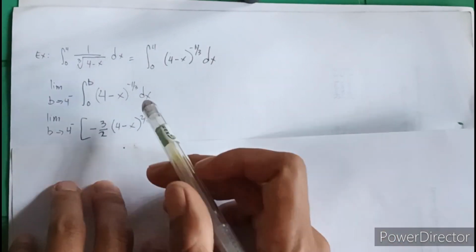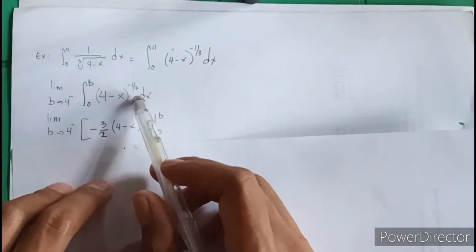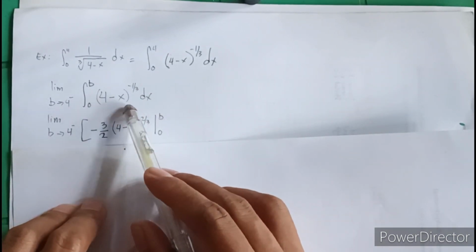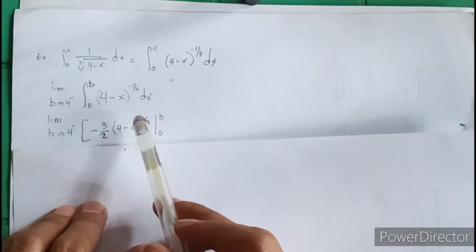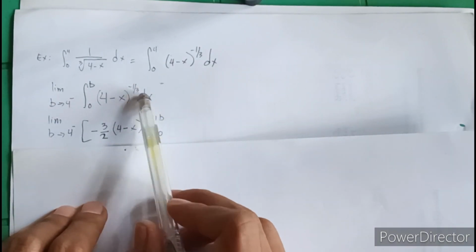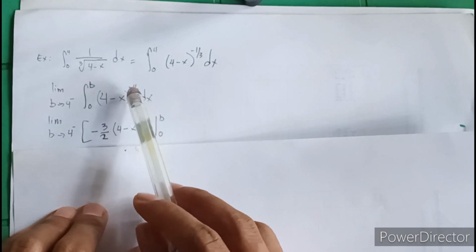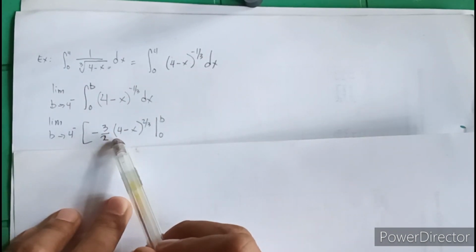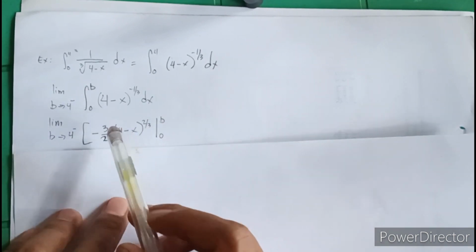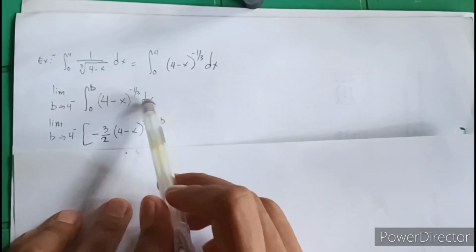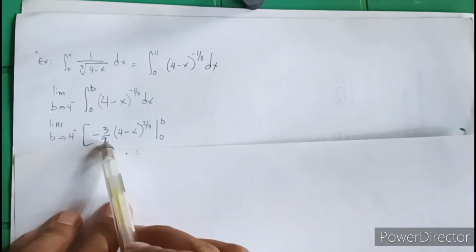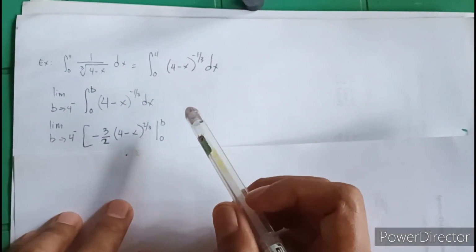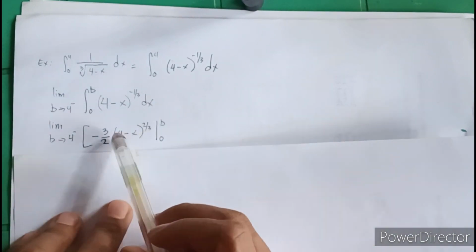Then we can find the antiderivative. We integrate (4 minus x) raised to negative 1 third using the power rule: negative 1 third plus 1 is 2 thirds, and we divide by the new power.